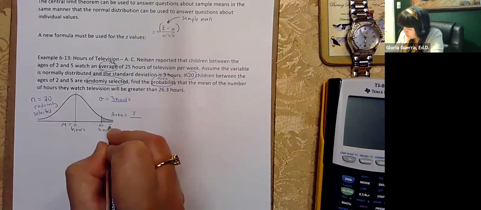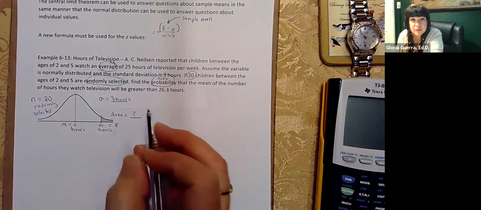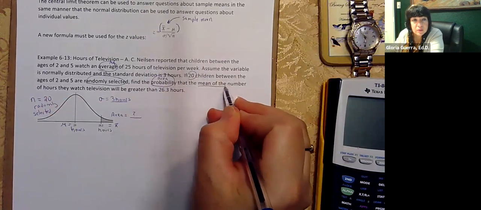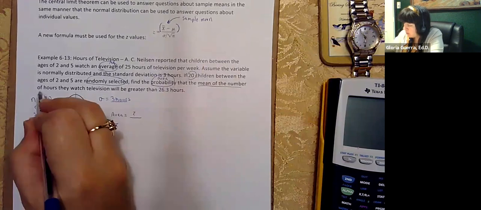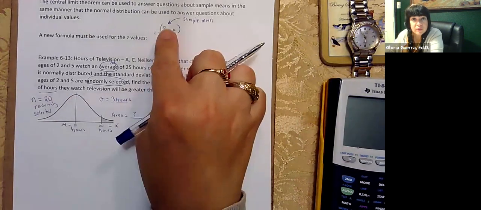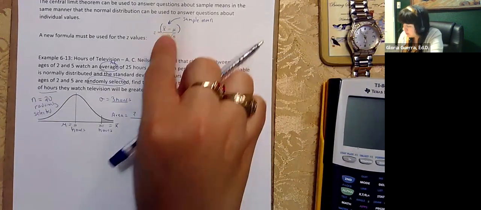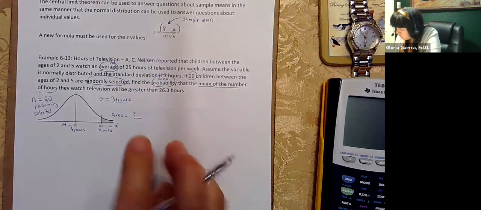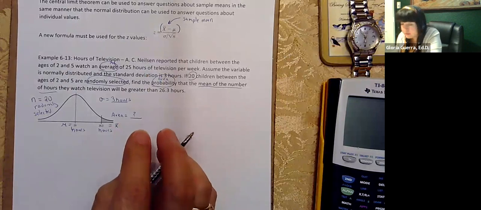I'm going to call this X bar because they mention the mean of the number of hours, and remember this in the formula is the sample mean. So I'm going to call that X bar instead of just X. And we're trying to find the area.